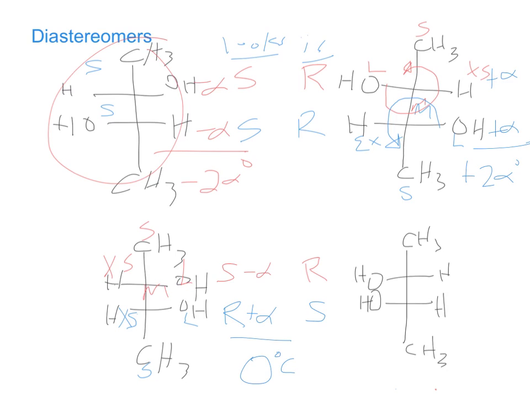So when can you actually come to expect the possibility of meso structures? It's really easy to do this with Fischer projections, like for these sugars and things like that. It's really, really simple. So I'm just going to give you some examples.